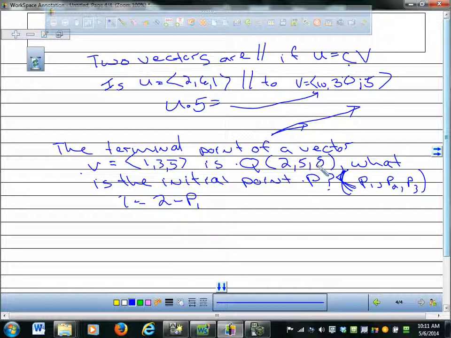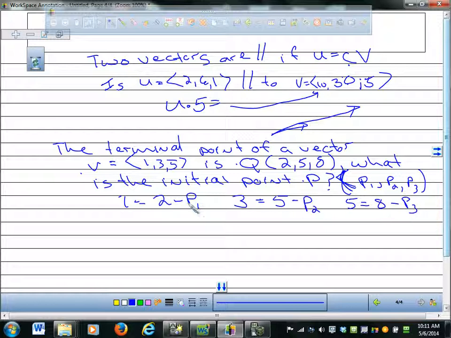And 3 is equal to 5 minus P2. And 5 is equal to 8 minus P3.